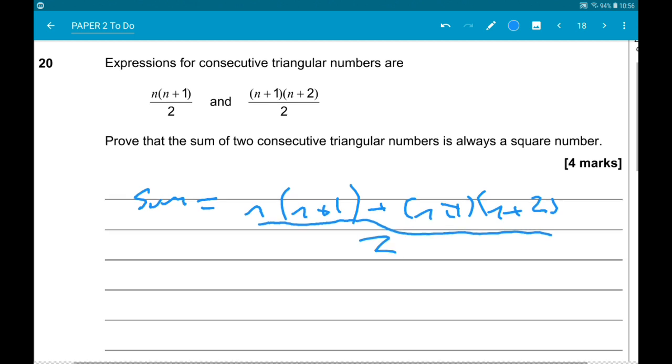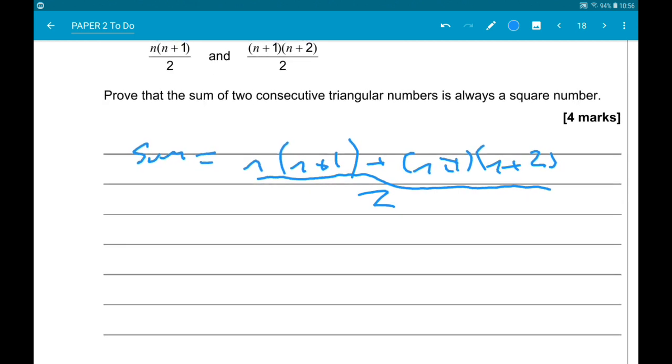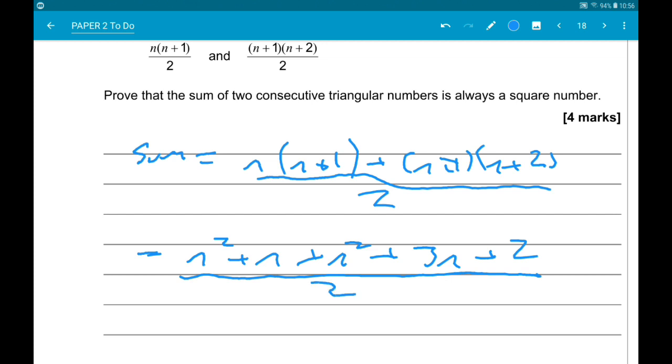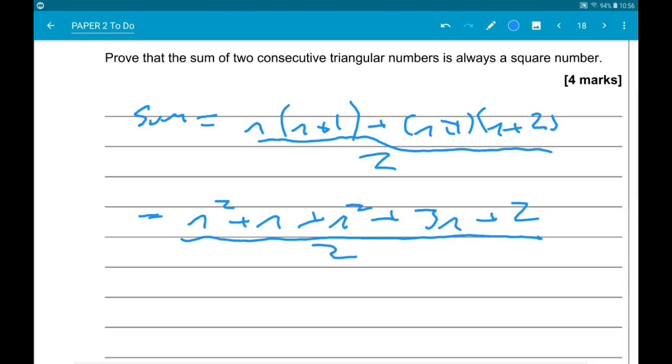Now let's expand up on top. So n times n add 1 is n squared add n. Now n add 1 times n add 2 is n squared add 3n add 2. That's all over 2. Okay, if we now simplify the top, we have 2n squared.